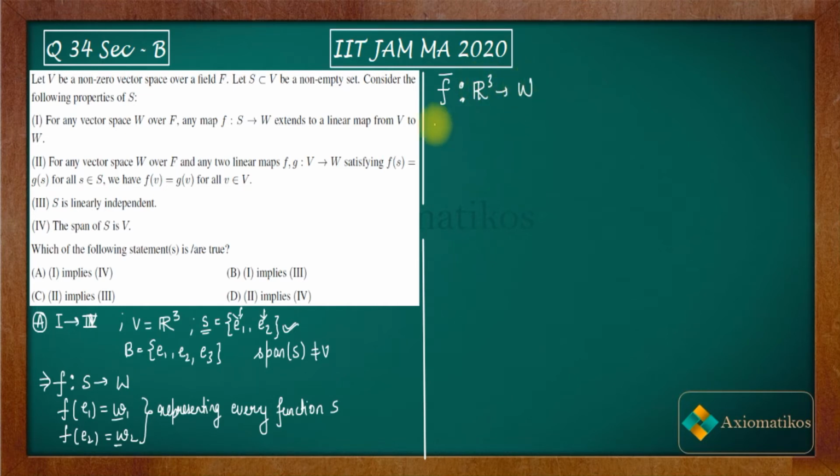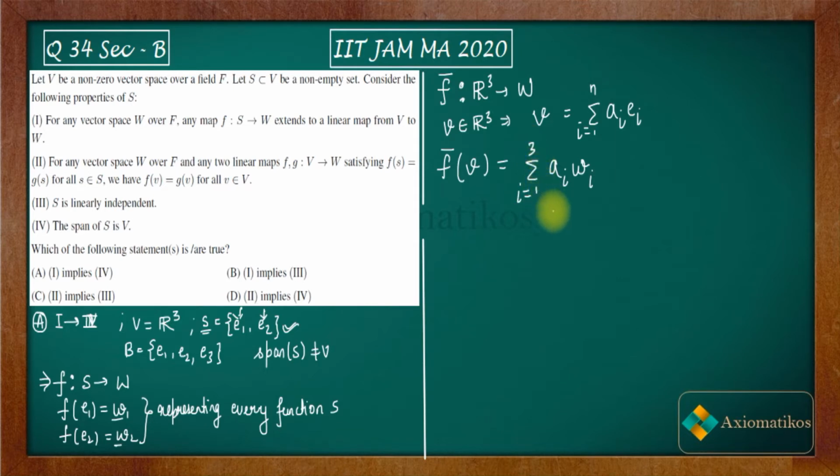Now if you choose an element v from R cube, you can write this element as the summation of a_i e_i, i equal to 1 to 3. See over here that I am fixing f bar of v to be the summation of a_i w_i, i equal to 1 to 3. Now it is your job to check that it is a linear map.